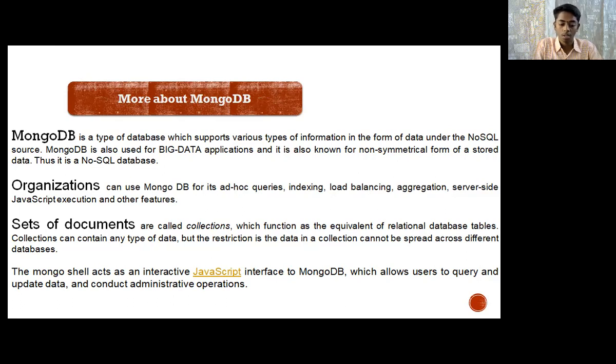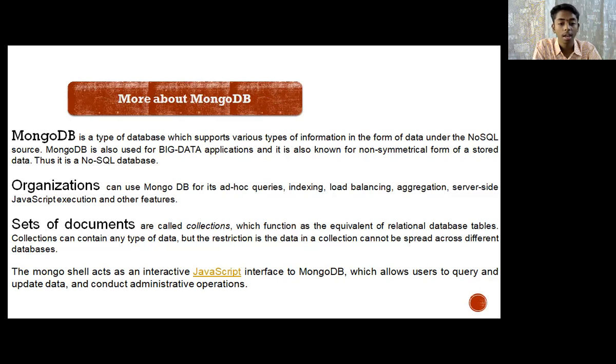Here, we store data in documents, like in the first document we store some data, in the second document we store some data. If we merge all those documents together, then it becomes a big collection of documents, as simple as that, which functions as the equivalent of relational database tables.